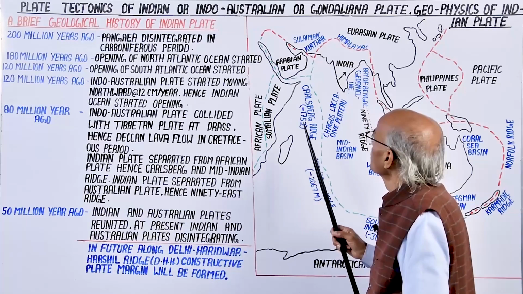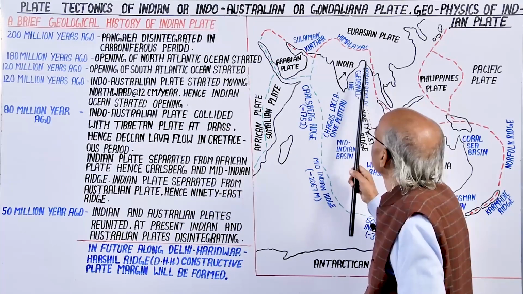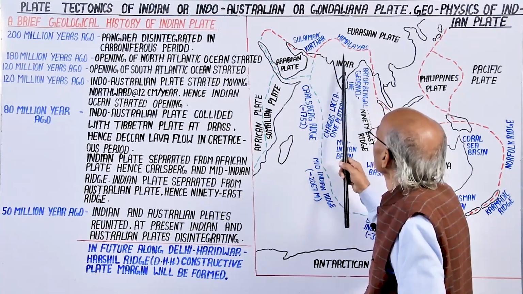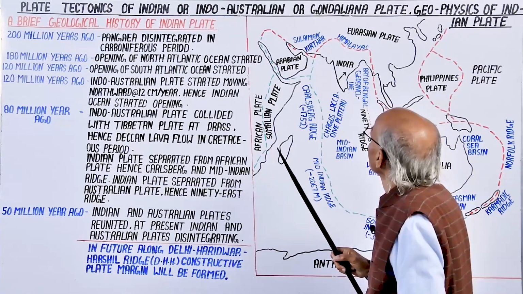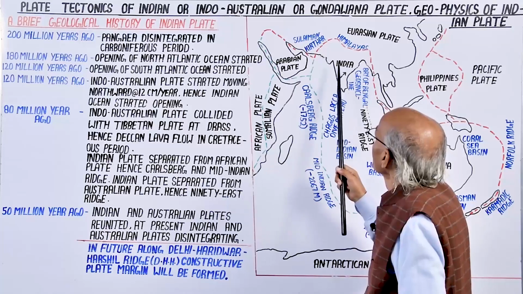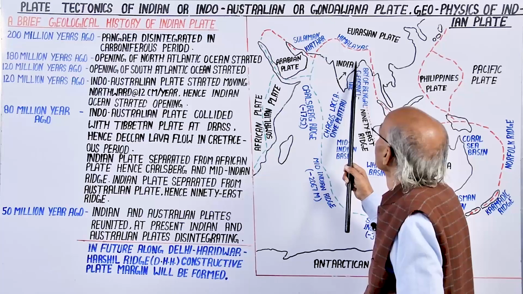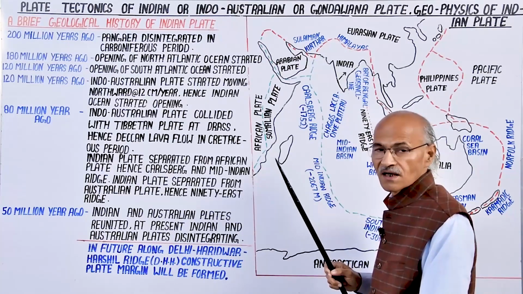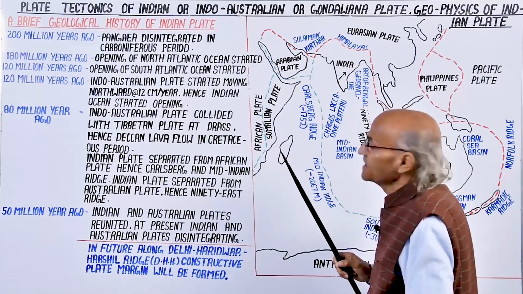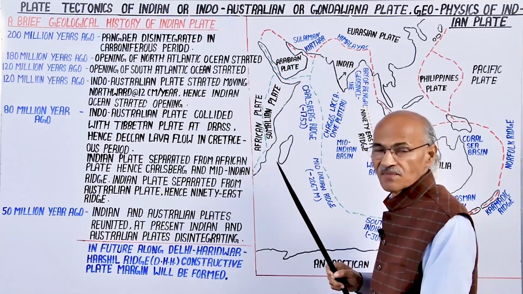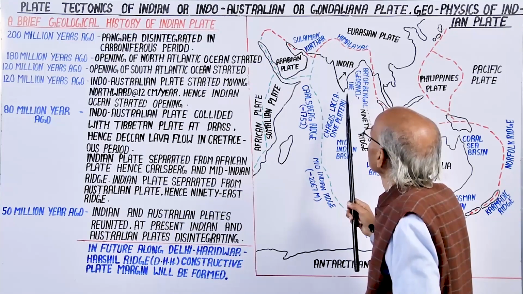It is also noteworthy that when the Indian plate or Indian plateau land moved northward, it had two arms. Number one, the northward extension of Aravalli, and the northeastward extension of Rajmahal Hill. These are Archean period mountains having very old rocks and structures.